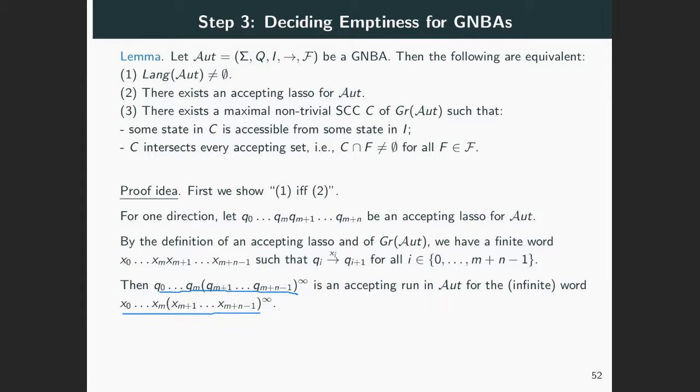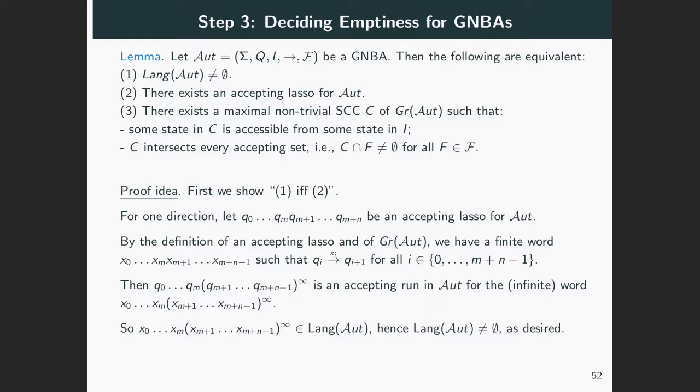This run, formed of the qi's, is accepting because, by the definition of an accepting lasso, the cycle portion of the lasso intersects all the accepting sets. And it is repeated infinitely, meaning that the run will visit all the accepting sets infinitely often. We conclude that the constructed infinite word is in the automaton's language, so the language is non-empty.